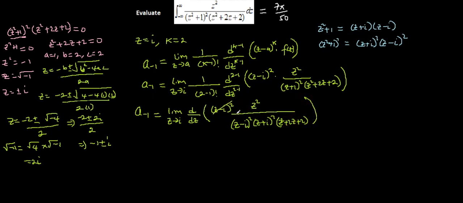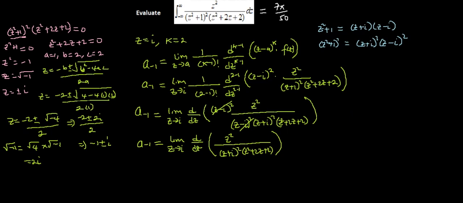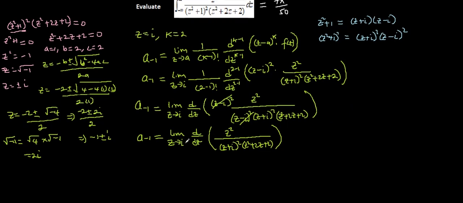Dividing this out, we're left with limit as z tends to i of d dz of z squared divided by (z plus i) all squared into (z squared plus 2z plus 2). We'll be moving to the next slide to expand this.